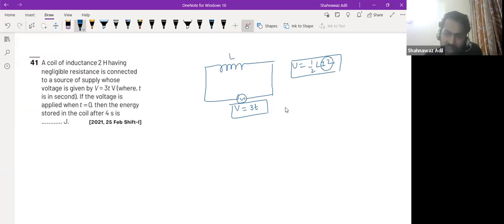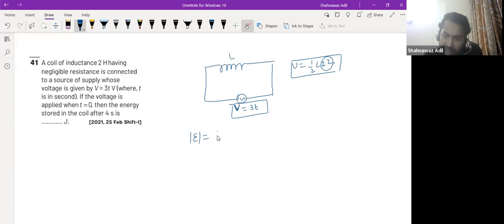What is given? The EMF is given. So what is the EMF for the inductor? Do you remember?